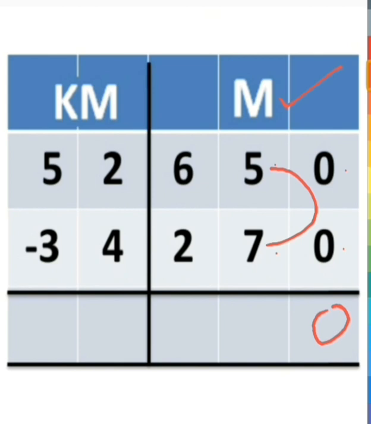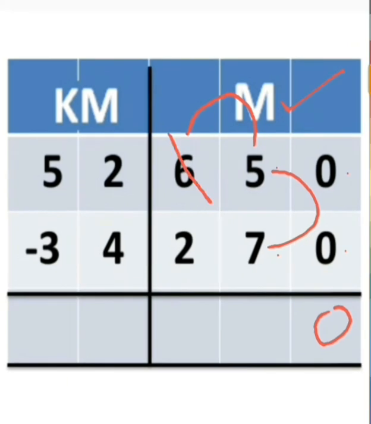So what will 5 do? Correct children, 5 will borrow 1 from its left side column. So children, this 6 will reduce by 1 and it will become 5. And this 5 will become 15.